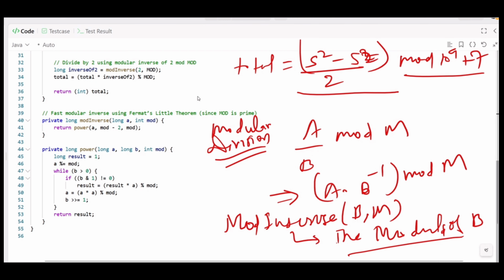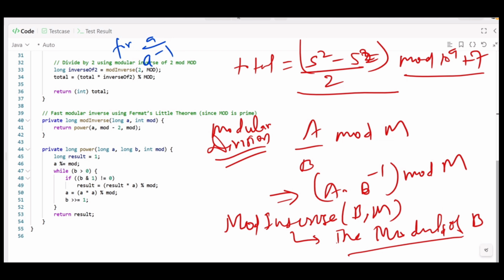Let's understand. Modular inverse is for any integer. Let's suppose for integer a, its modular inverse under mod is a to the power minus 1.